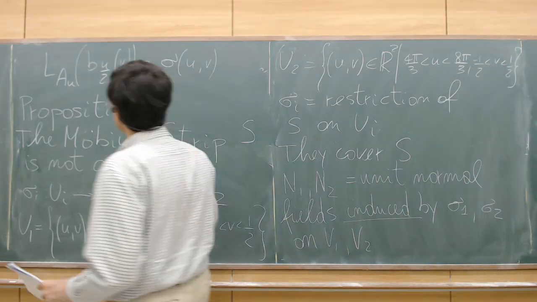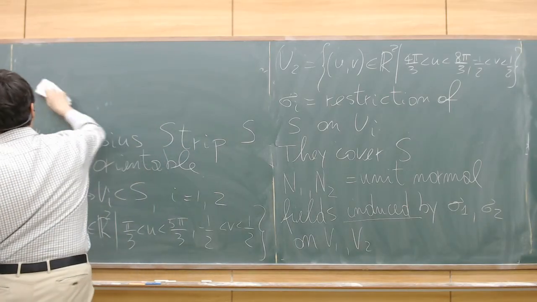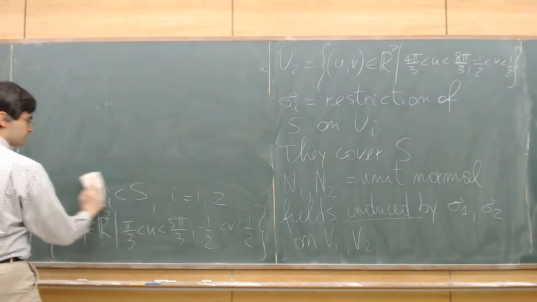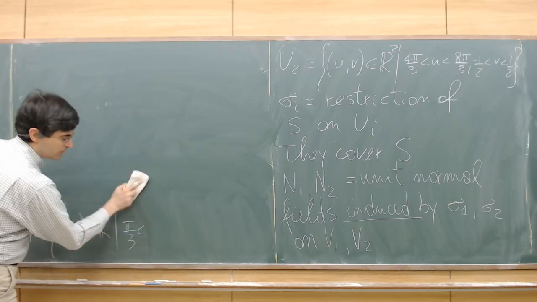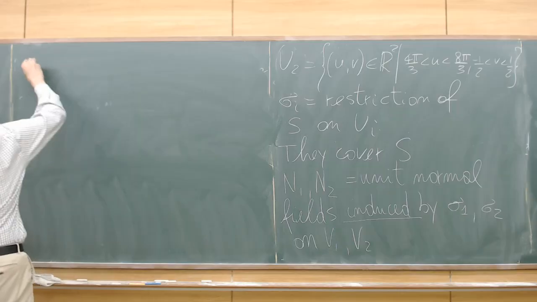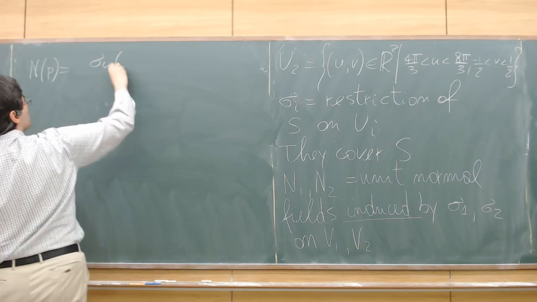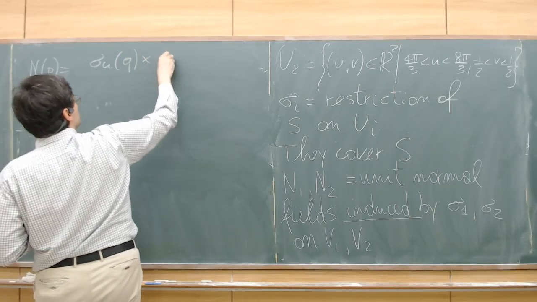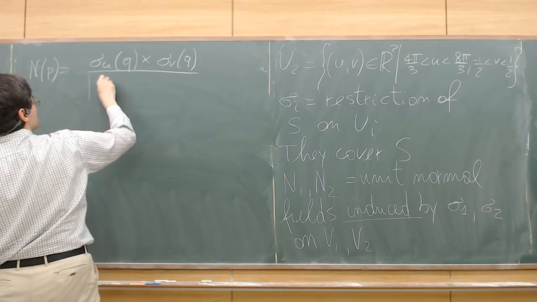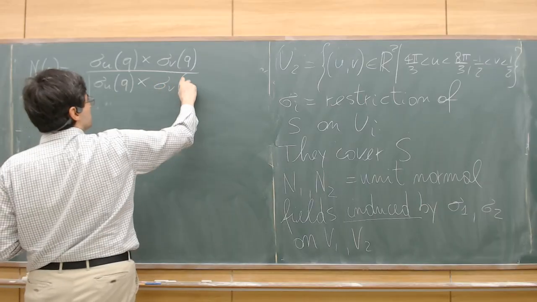This means that you use the formula N(p) equals sigma u(q) cross product sigma v(q) divided by its length.